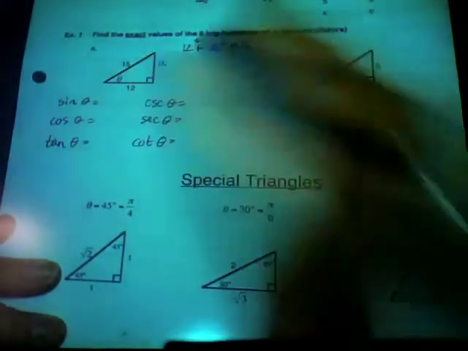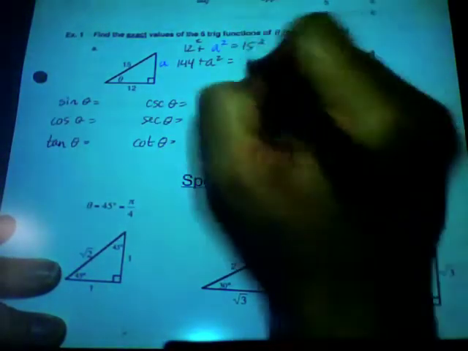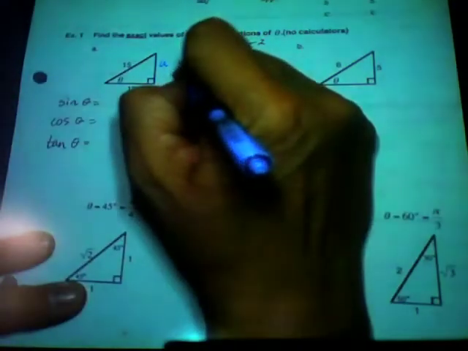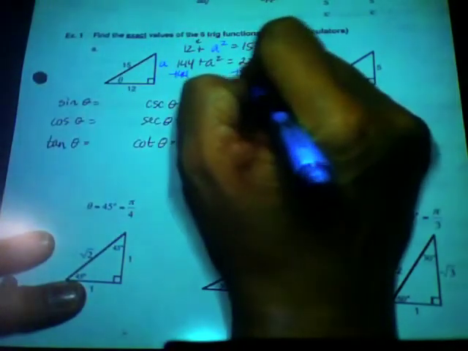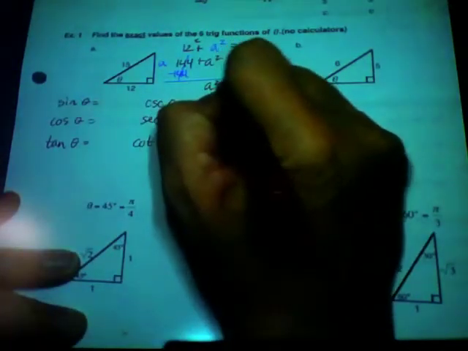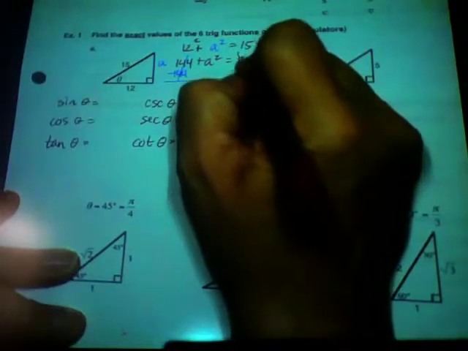What's 12 squared? 144. So 144 plus A squared equals, what's 15 squared? 225. So subtract 144 from 225 and you get A squared is equal to 81.